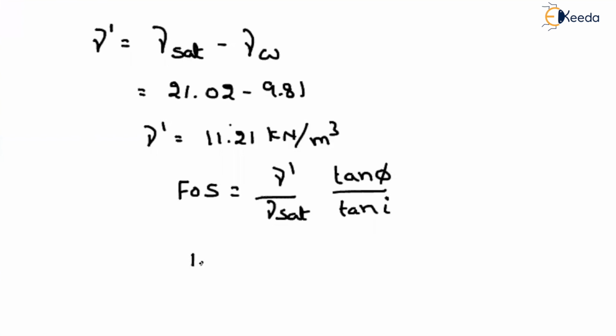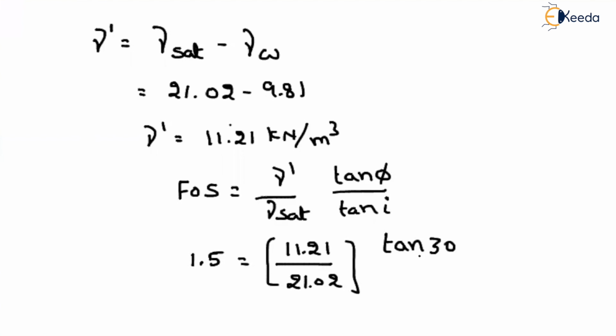Substituting, 1.5 equals 11.21 divided by 21.02 into tan 30 degrees divided by tan i. If you solve this equation, you will get the safe slope as 11 degrees 30 minutes.